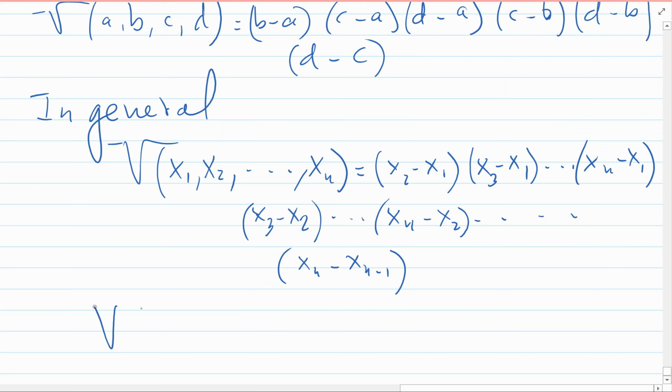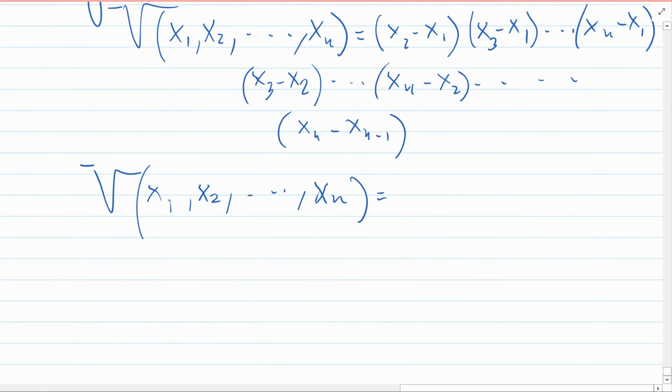So in fact we have an abstract formula: V of x1, x2, ..., xn equals the product of xi minus xj, where i is greater than j. It's a beautiful formula. By the way, this Vandermonde determinant has many applications, in abstract linear algebra of course.